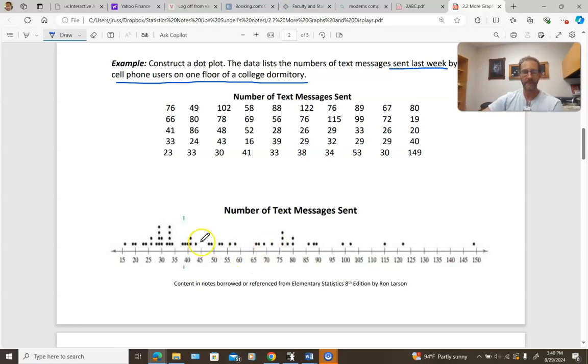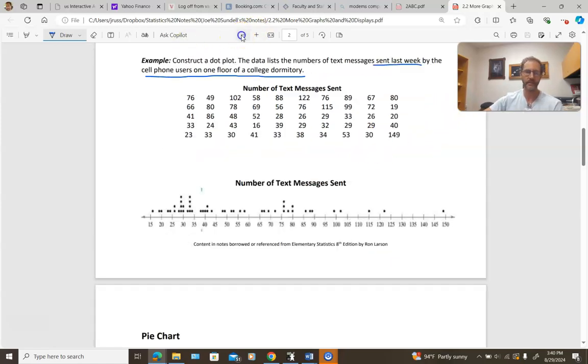So, this little curve right here might correspond to a specific group of students that maybe has more free time, and then this little curve over here could correspond to a group of students that has less free time and is not as concerned about texting. Okay, so we could start making some inferences or some hypotheses to try to explain what we're seeing here in the data. But anyway, I think that's pretty neat.